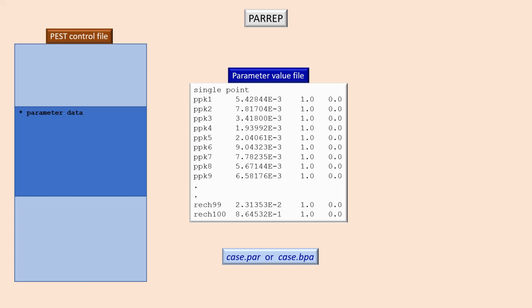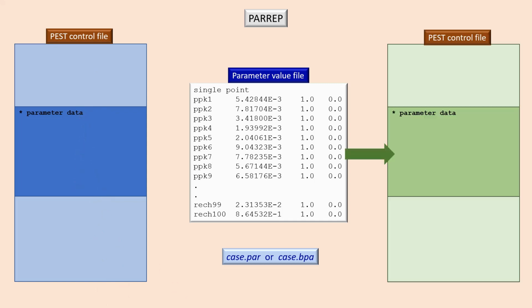What we will often want to do then is to take these parameter values and put them in a new PEST control file. So suppose here we have our PEST control file on which basis the inversion process was done. The parameter data section will contain initial parameter values.